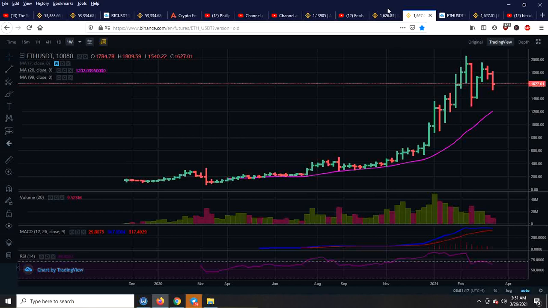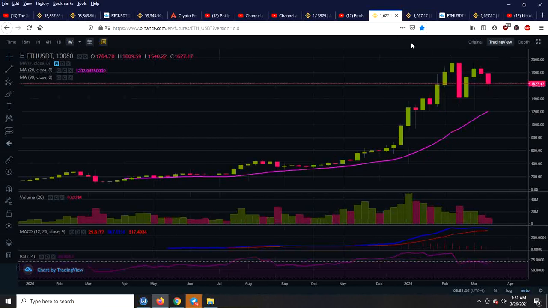Now, I want to tell you about this real quick. This is a weekly time frame, right? We've run up a lot since September, right? So we have a lower high, and I want you to take notice the MACD is topping out here, right? So consistent with the other things that we said, right?